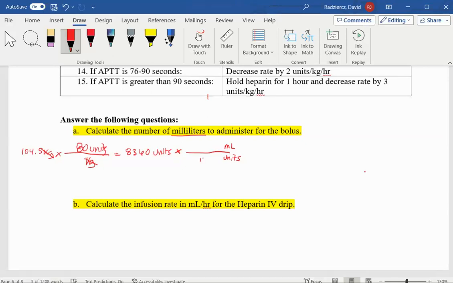So 1,000 units, 1 milliliter, units cancel. And then I get, after I round it, 8.4 milliliters. So the only thing that really changes for this is the patient's weight. You're always going to multiply by 80, divide by 1,000 when you're calculating the initial bolus.